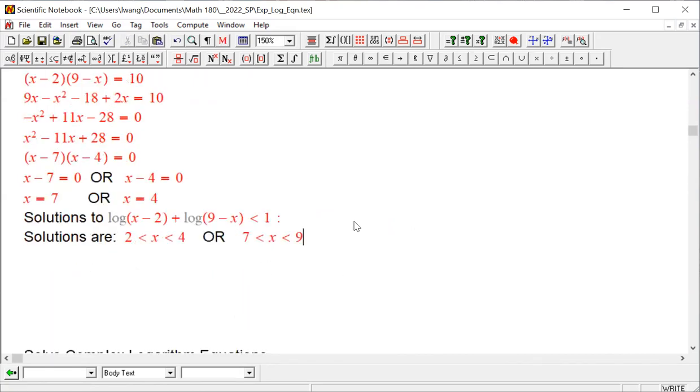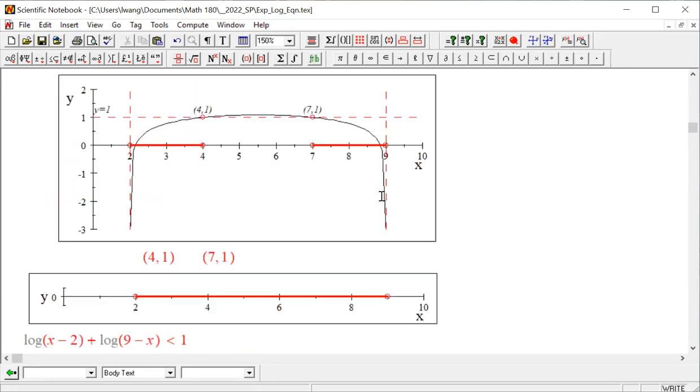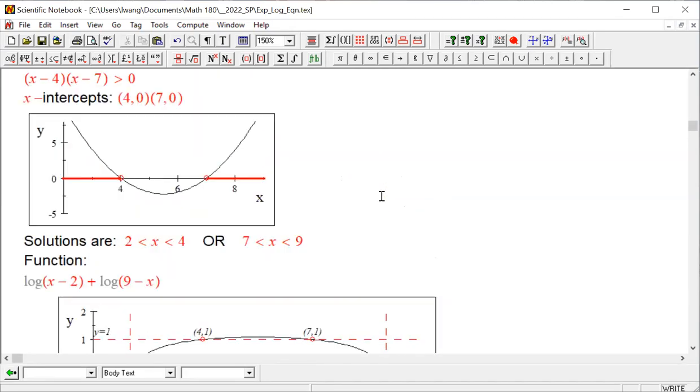So you can see in this situation, graph actually helps us to see better, okay? So that's why it's so important to have the function perspective, not just the algebraic aspect.